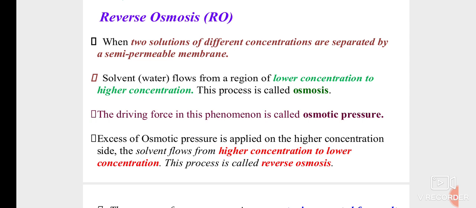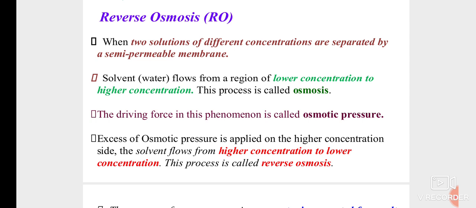Before going to reverse osmosis, first we need to know the meaning of osmosis. When two solutions of different concentrations are separated by a semi-permeable membrane, that is the first point. What is solvent? What is solute? The component present in the larger amount is called the solvent, and the very low amount is called the solute.